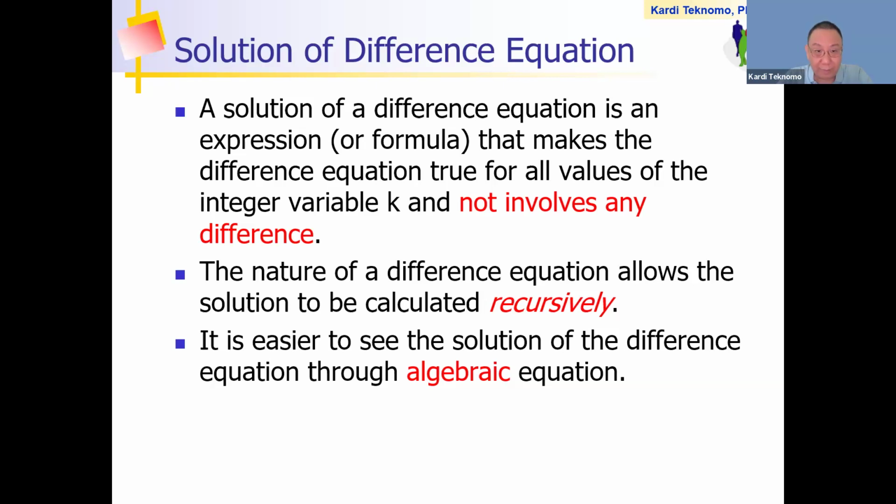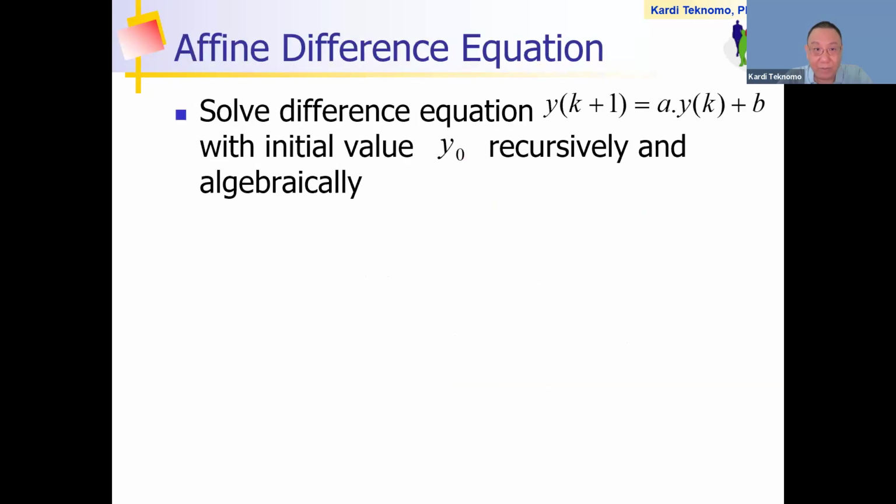Let's say we have what is called an affine difference equation: y_{k+1} = a y_k + b. This is next year, and y_k is this year. a and b are constants, and you know the initial value y_0.